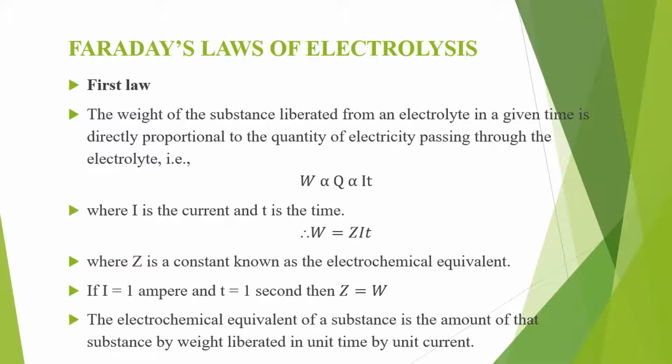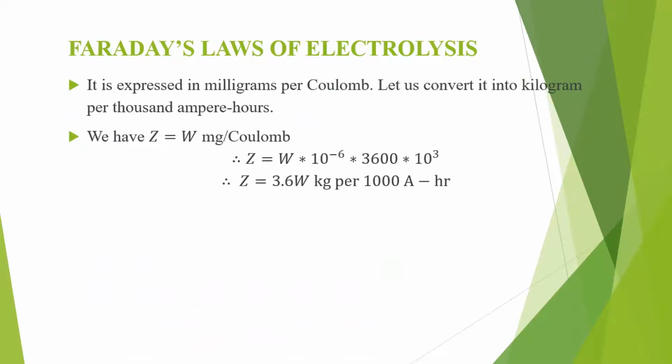If current I is 1 ampere and the time for which it flows is 1 second, then Z equals W. That means the electrochemical equivalent of a substance is the amount of that substance by weight liberated in unit time by unit current. This is expressed in milligrams per coulomb.